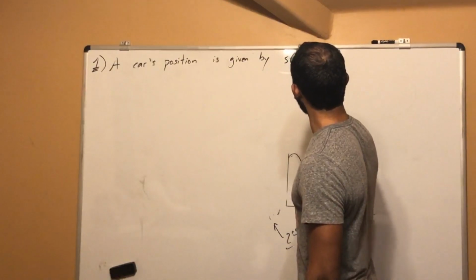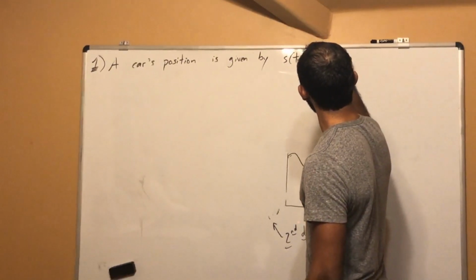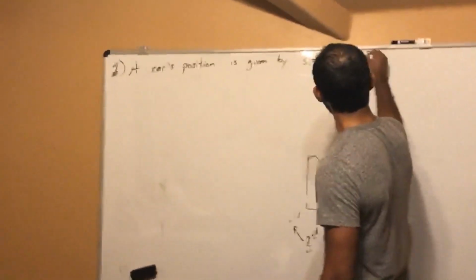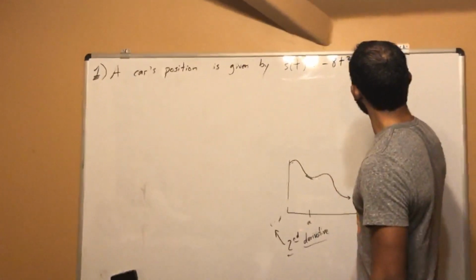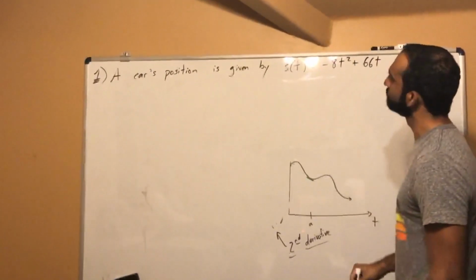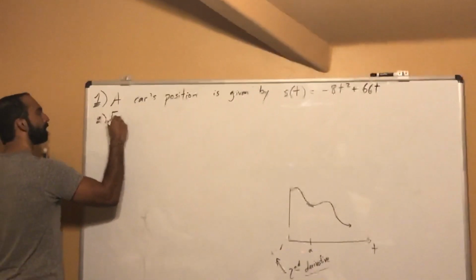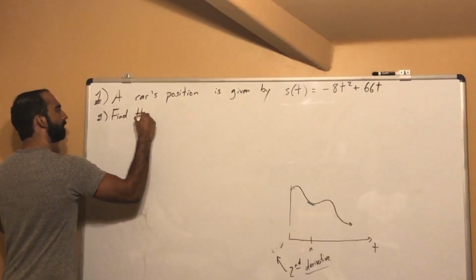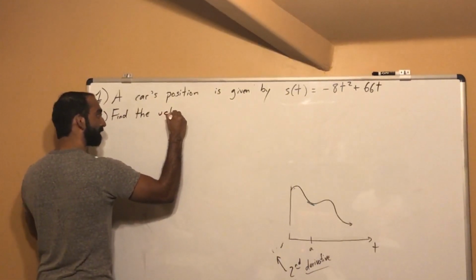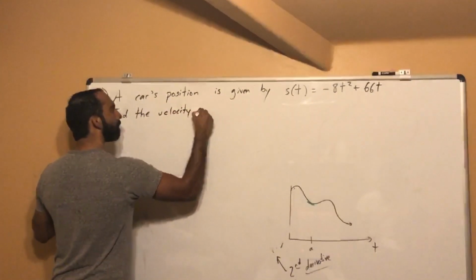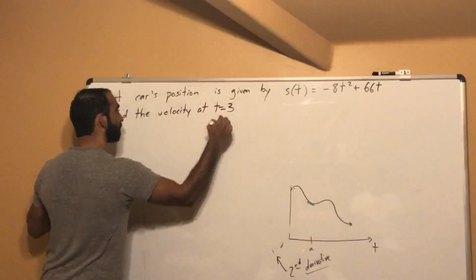The position at any time is negative 8 times t squared, let's say plus 66t. So, 2 parts to this question. Find the velocity at the 3-second time step, and also find the acceleration at the 3-second time step.